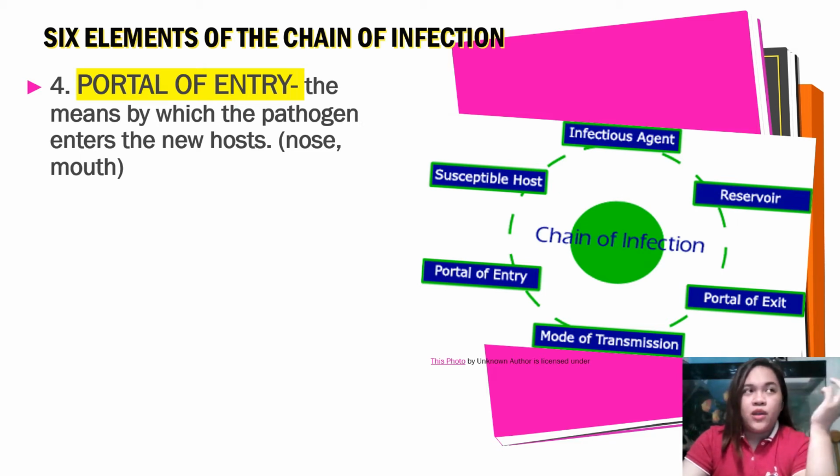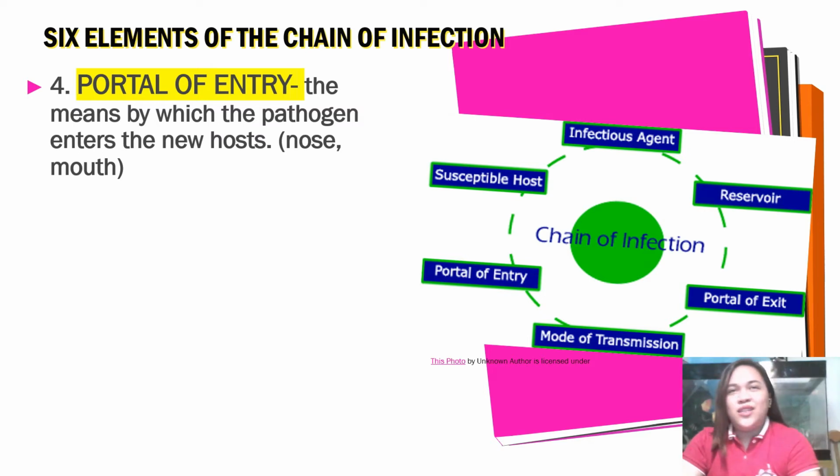Example, you have your friend beside you and you sneeze, and your friend suddenly yawns, or even without yawning, by just breathing, your friend inhales your virus. Okay, the portal of entry can be the mouth or the nose. It can be the eyes.